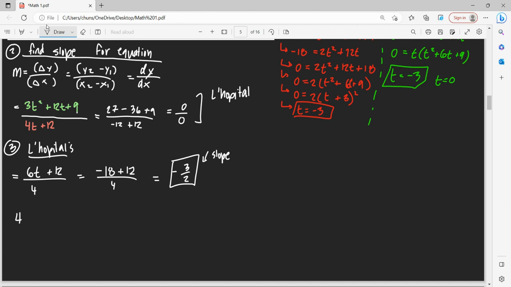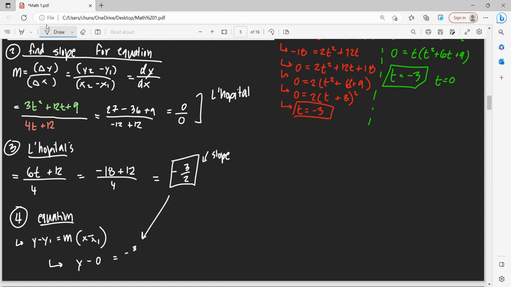All right. And now we are going to use point slope form to just write our equation. So point slope is given by y minus y1 equals m times x minus x1. So we write that out. That's y minus, and we're going to use our given y from the top, 0.